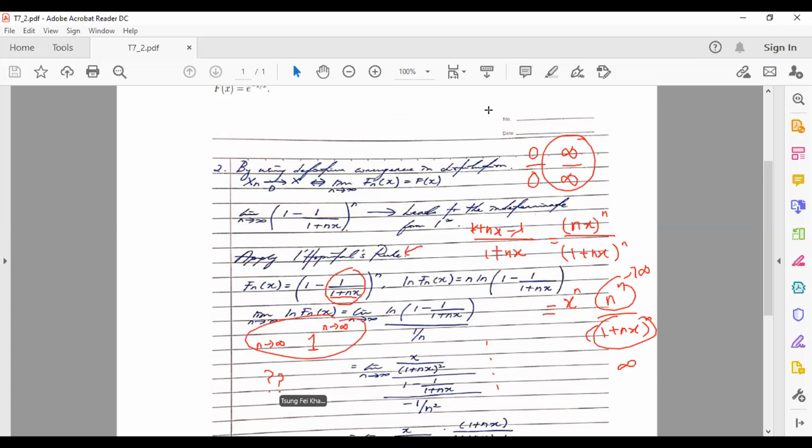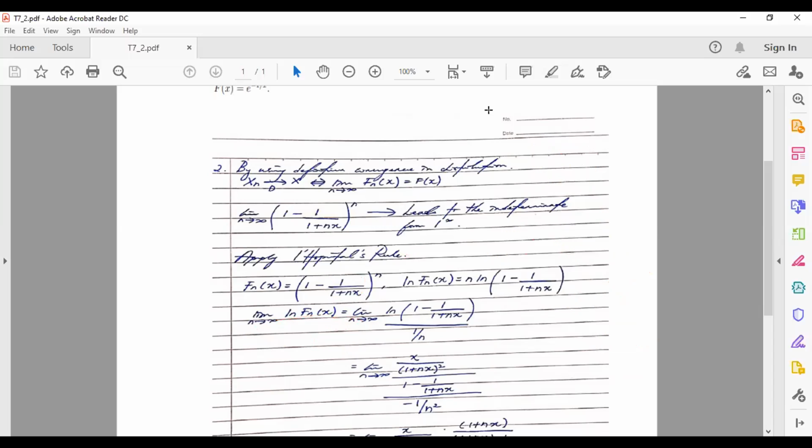You rearrange it and you can get this. However, although this works, it is kind of taking a long way to the end. So actually, you can just argue like this, right?